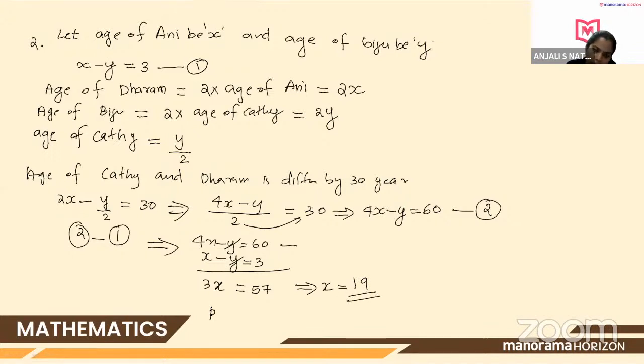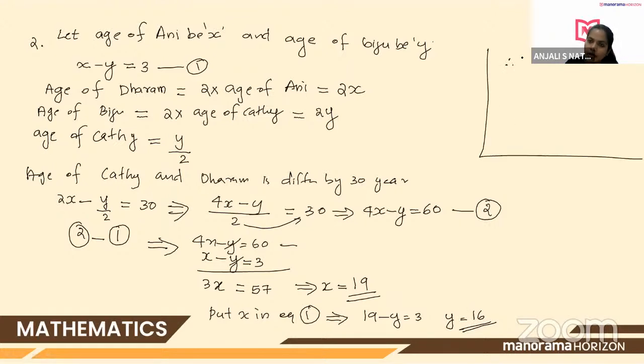And we can put x in equation 1, which implies 19 minus y is equal to 3 and y is equal to 16. Okay. So the age of Ani is 19 years.